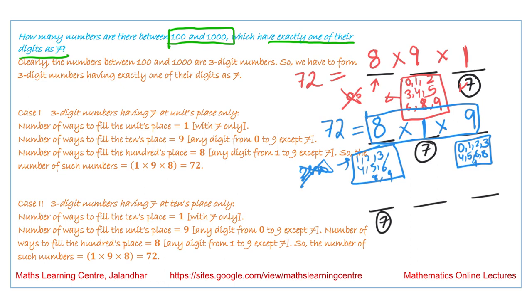Now in this last case we are saying at this place it is 7. So the number of options we have is 1. Next at this place we can keep 0, 1, 2, 3, 4, 5, 6, 8 and 9. So the number of options we have is 9. At this last place also the number of options we have is 9. So the total number of options we have is 81.